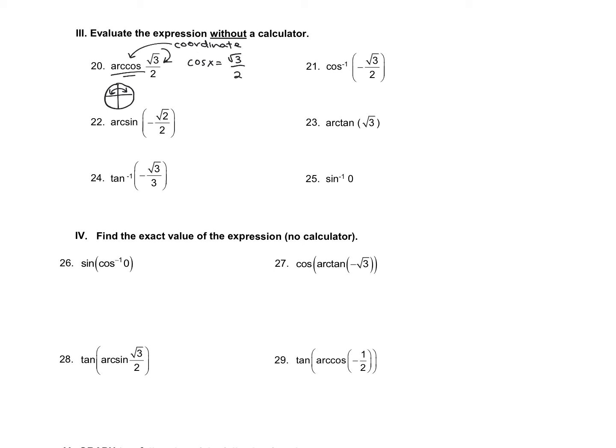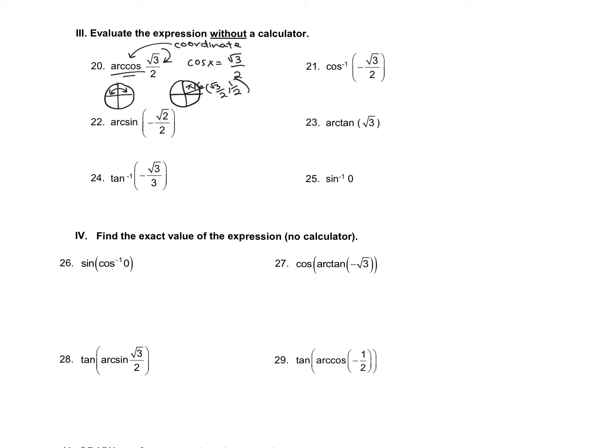So when we use just the top half of the circle, we find that the only coordinate that actually works for cos x equal to root 3 over 2 is here at pi over 6. And that coordinate is root 3 over 2 comma 1/2.